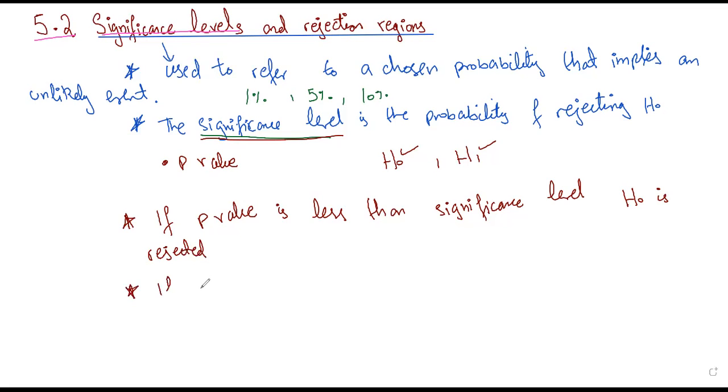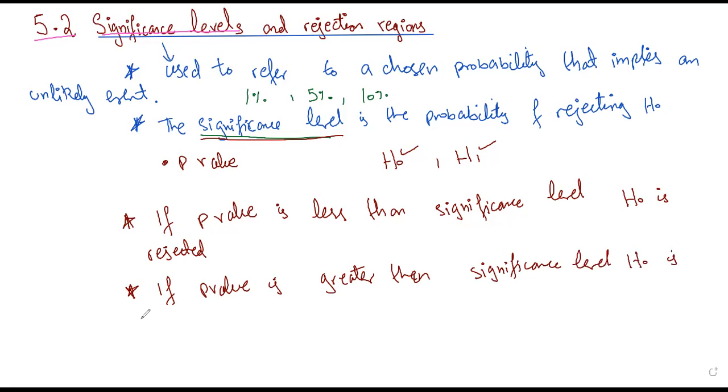And if p-value is greater than significance level, H naught is accepted. You don't know what p-value is, I have not explained that.